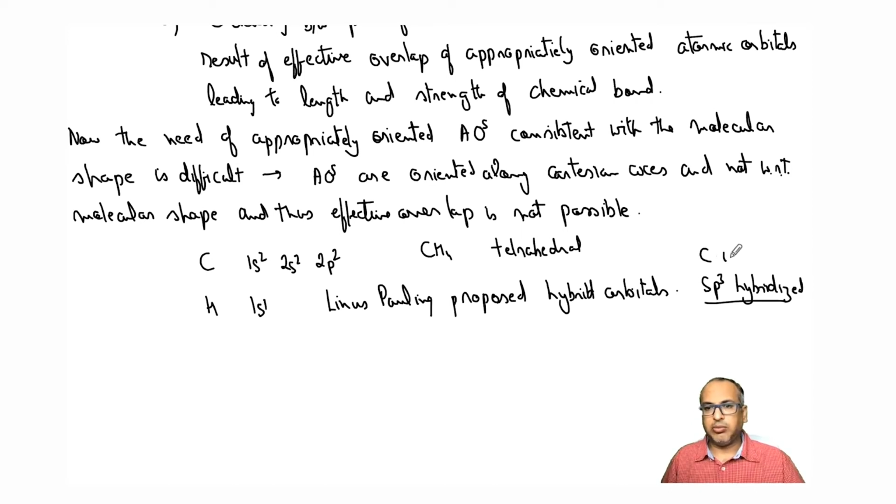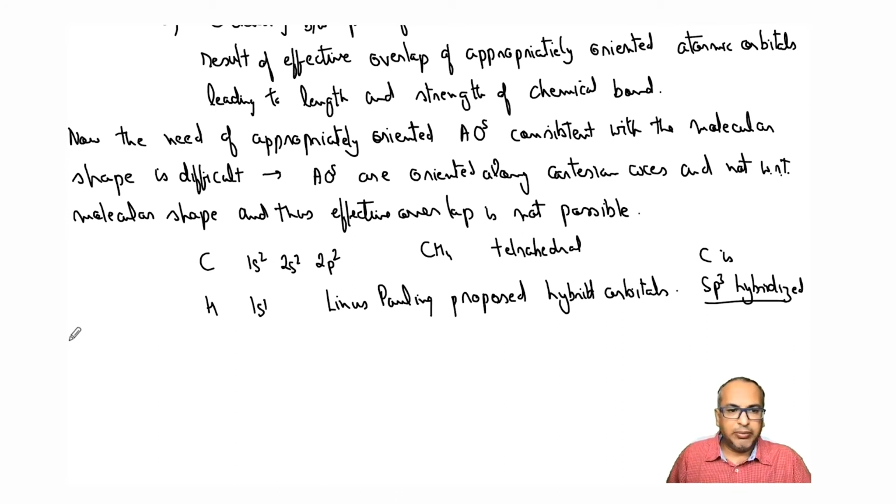So carbon is sp3 hybridized, leading to a tetrahedral shape, and carbon is sp3 hybridized or sp2 or sp hybridized in other molecules, right? So there is a concept of hybridization where atomic orbitals mix and match, leading to formation of hybrid orbitals which are now equal in energy, and thus they interact with the atomic orbitals of hydrogen, leading to formation of tetrahedral shape, right?